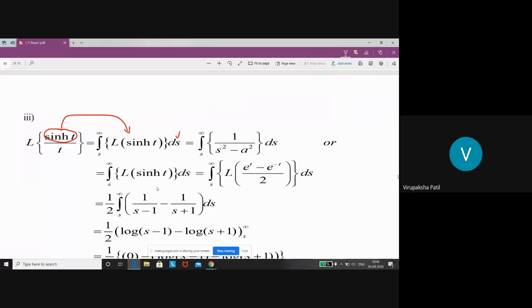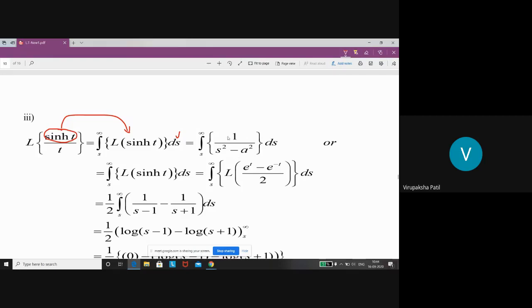Now, if you write like this, I have used a different technique in the next stage, but I wanted to tell you why I have taken this. If you remember the standard result for this integral, it's okay. Otherwise, it becomes very difficult, because you have to split this into partial fractions and then apply the integration.